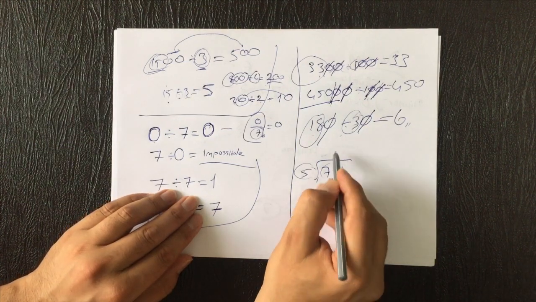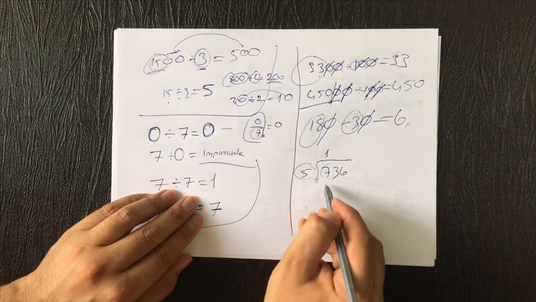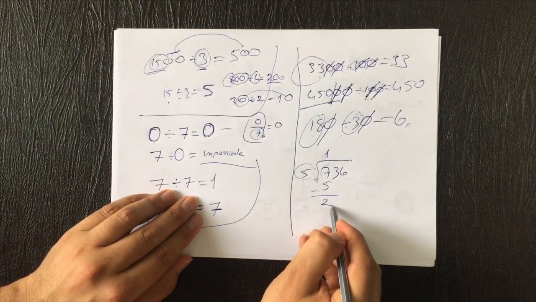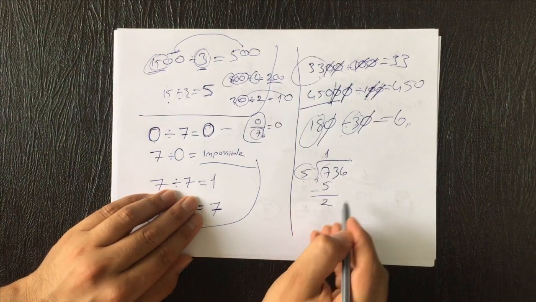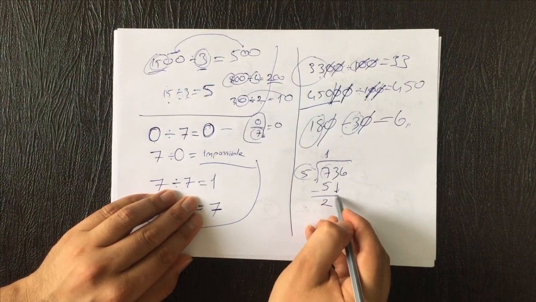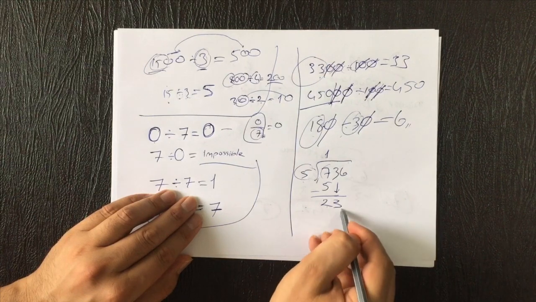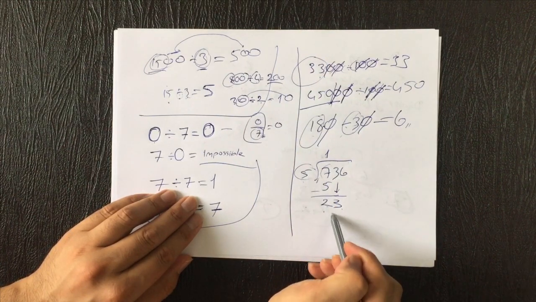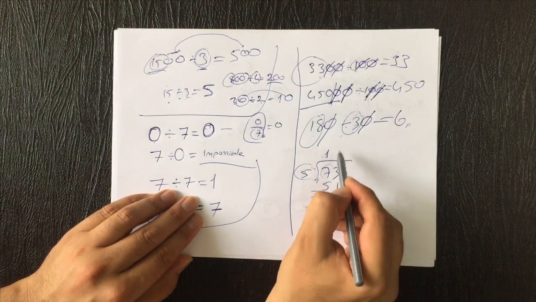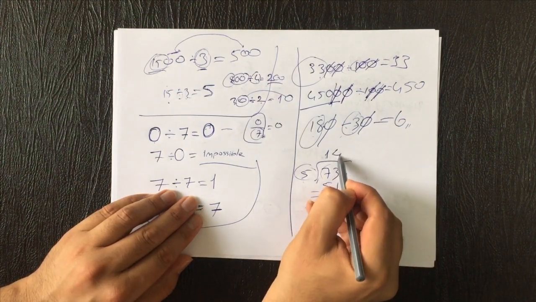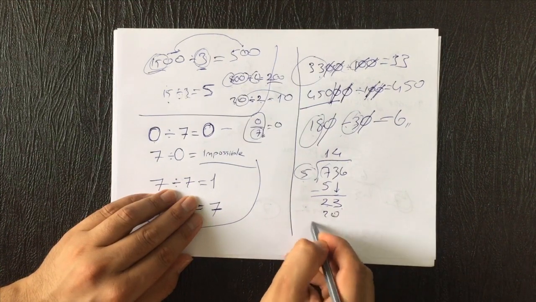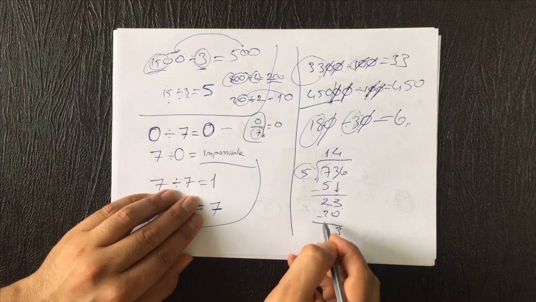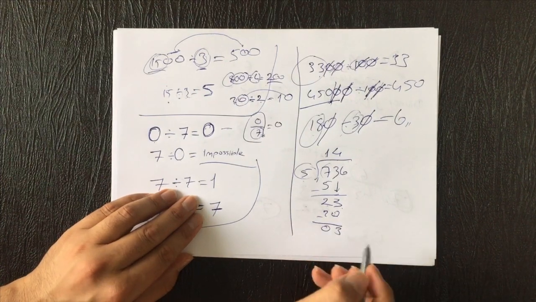How many times? 1 time. 1 times 5 is 5. Make your subtraction. It's 2 because 7 minus 5 is 2. Then 3 is brought down, so 23 it became. So 5, how many times inside of 23? It's 4 times. 4 times 5 is 20. Then 3 minus 0 is 3, and 2 minus 2 is 0.